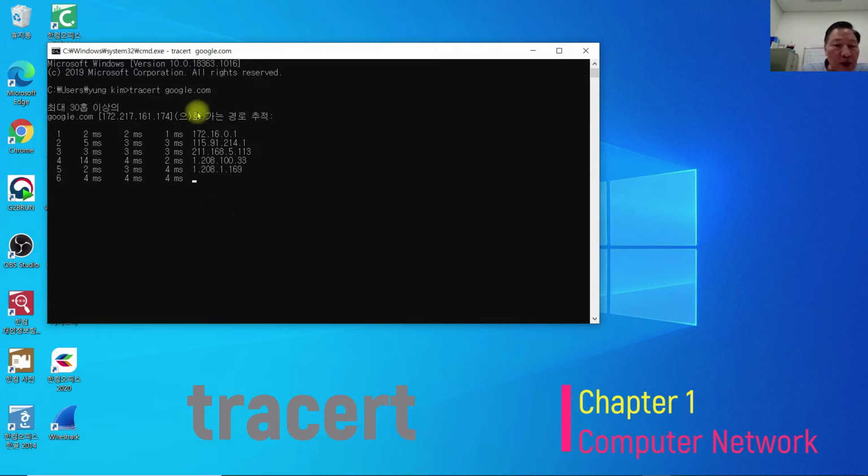And that server is the google.com app server. With this tracert, we can trace the intermediate routers, and how long it takes. Three times it is measured, and this one is showing the intermediate routers' IP addresses.